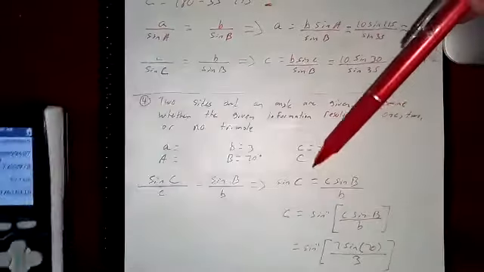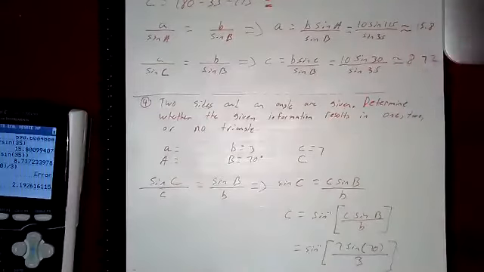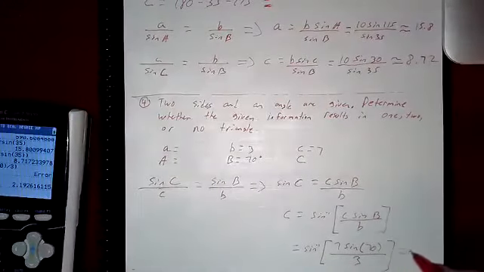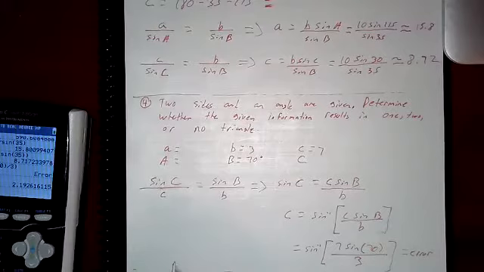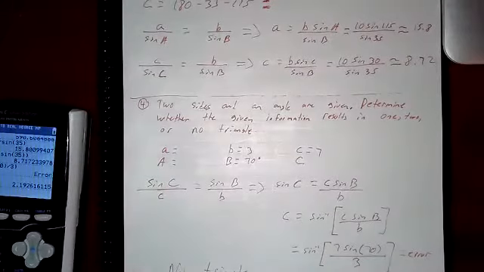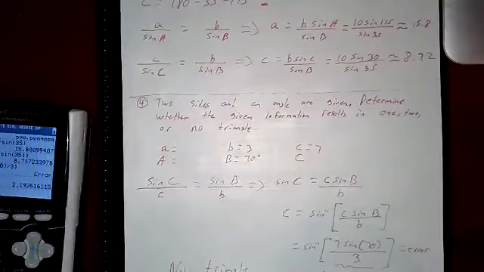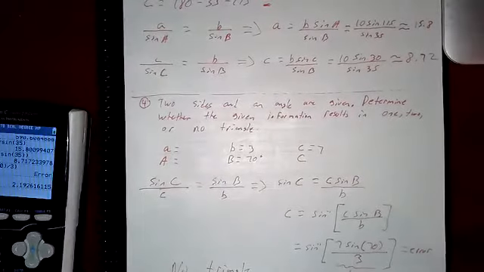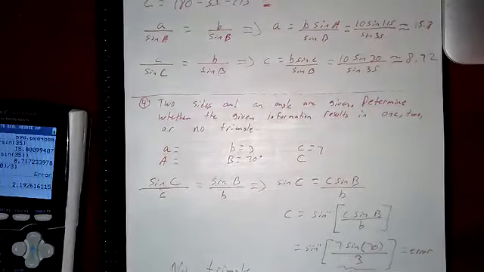So C does not exist. So this is an error. No triangle. The error happens because this inside part is greater than 1.